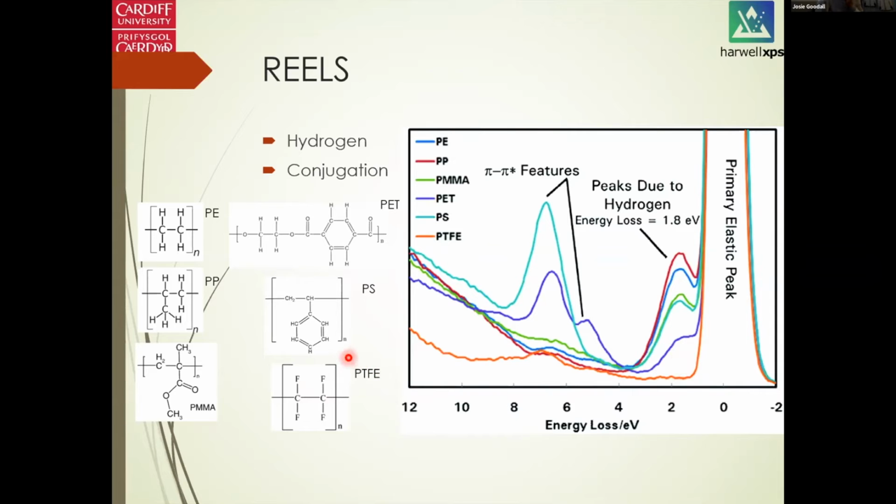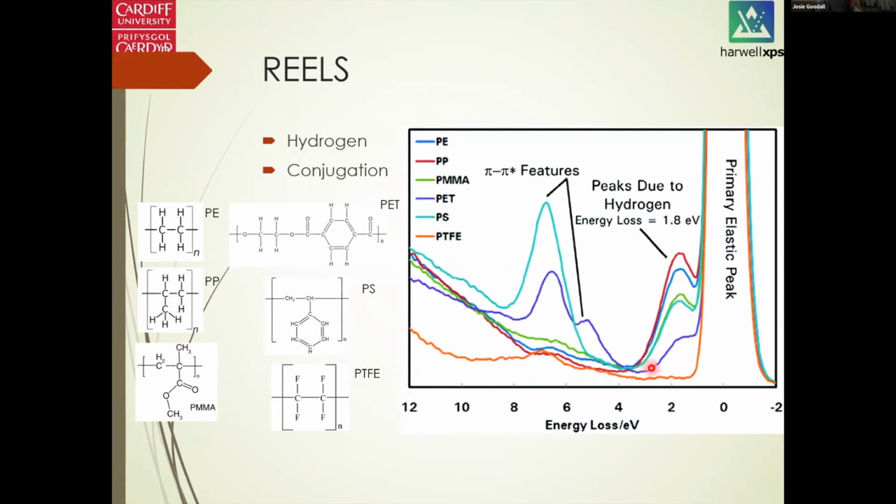But with the other organic materials, which all contain different amounts of hydrogen, you can see the hydrogen energy loss right after the primary elastic peak.